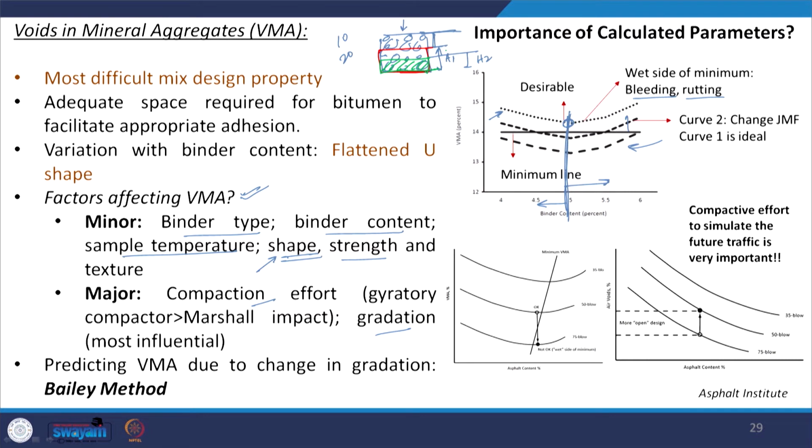Okay. So, by changing the compactive effort we are getting two different types of mixture having different heights, but the aggregate gradation is the same. Finally, we are evaluating these mixtures considering whether they are from the first level of compaction or the second level of compaction.